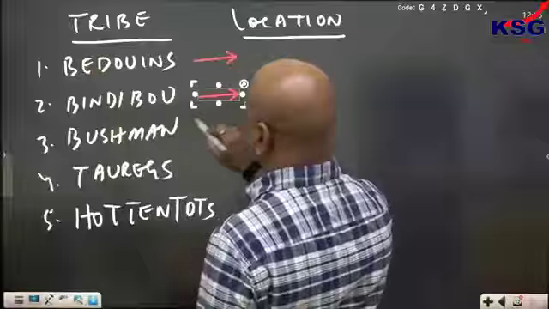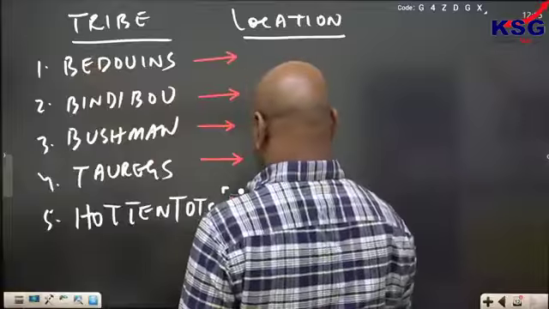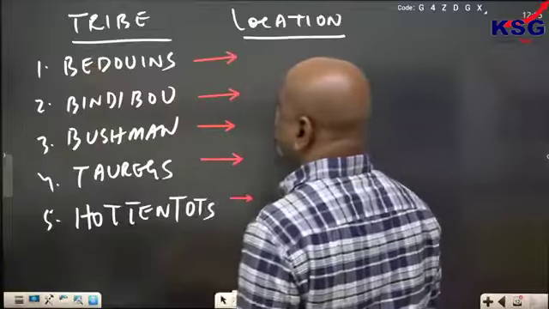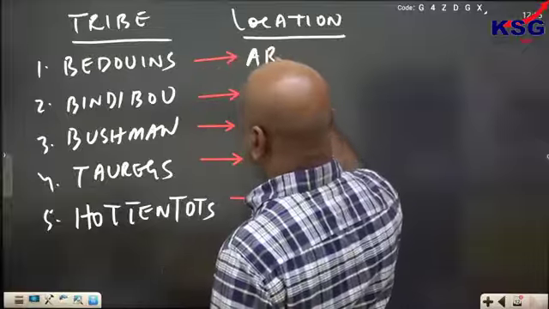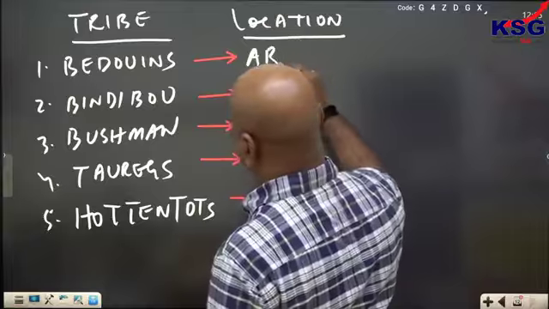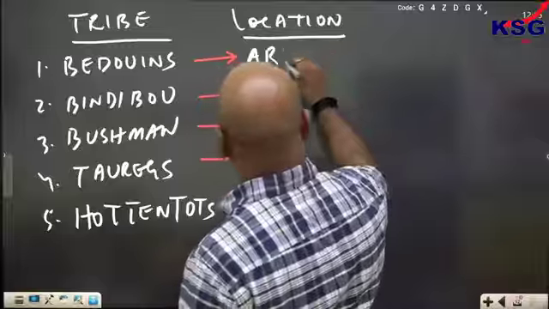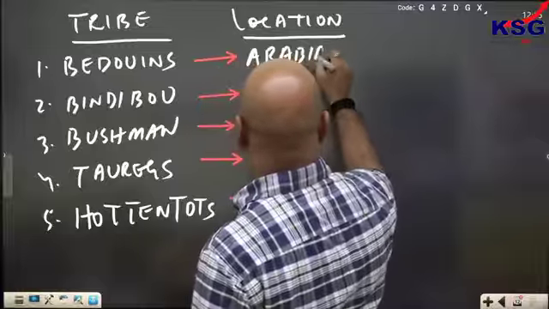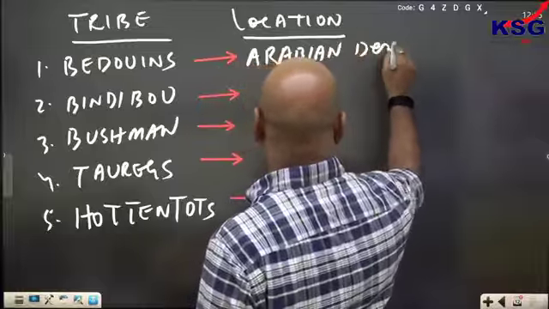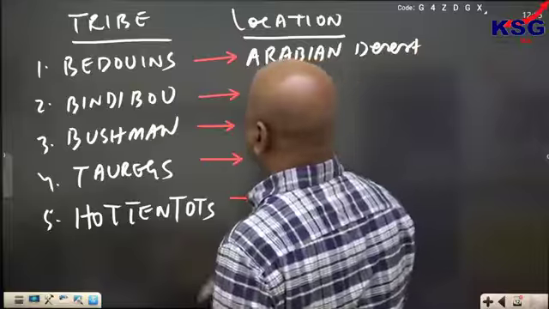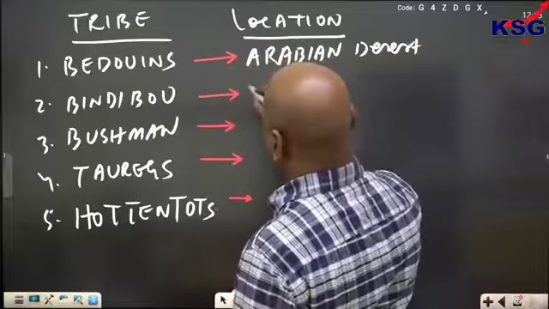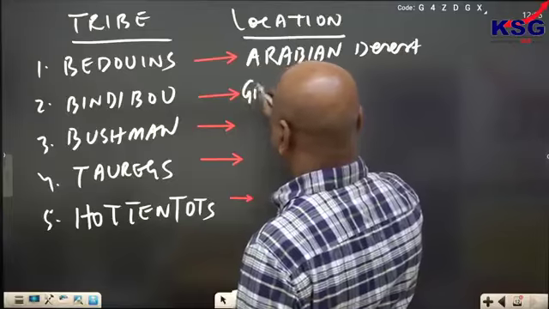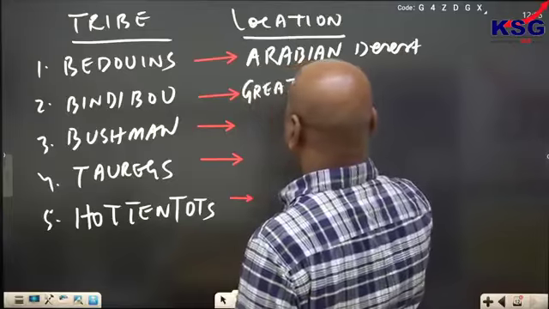Bedouins are in the Arabian desert. Bindibus you will find in the Great Australian desert.